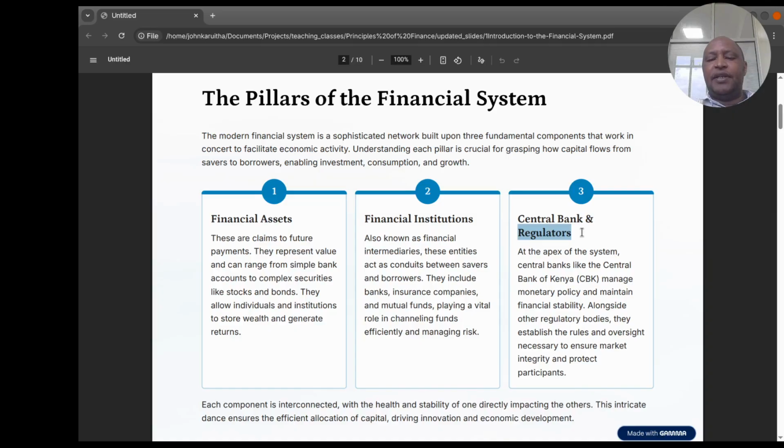Every insurance company is regulated by an organization that we call the Insurance Regulatory Authority. Every pension scheme is regulated by an organization called the Retirement Benefits Authority. So on and so on. So those are the three components of the financial system.